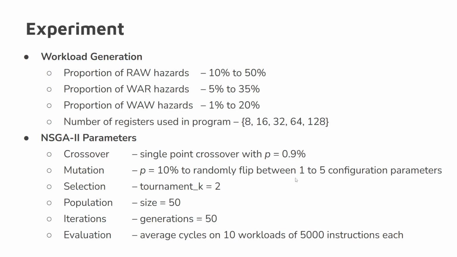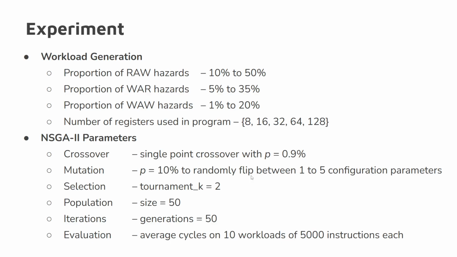So there's a 10% chance to randomly select a number between 1 and 5, and that's the number of parameters flipped. This is done because we don't want continuous values or chromosomes. Everything should be discrete, so we're basing things on flips.